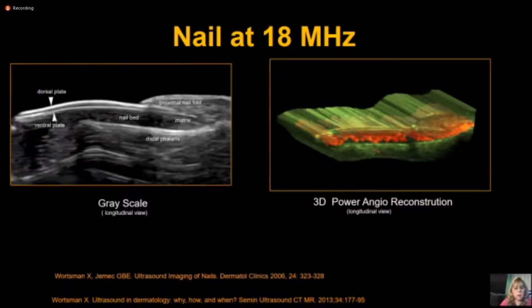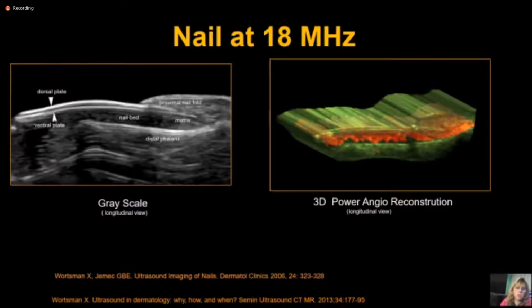In the proximal part of the nail bed, we have the matrix region. And on top of that, you can see the dermis and epidermis of the proximal nail fold, which is the periungual area. At the bottom, you can notice a hyperechoic band that corresponds to the bony margin of the distal phalanx.